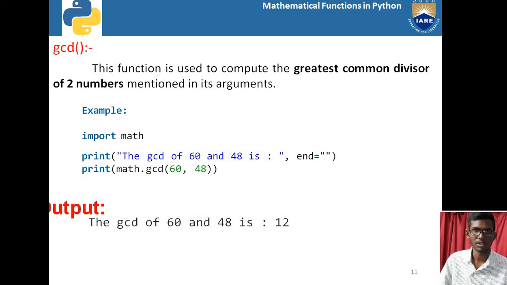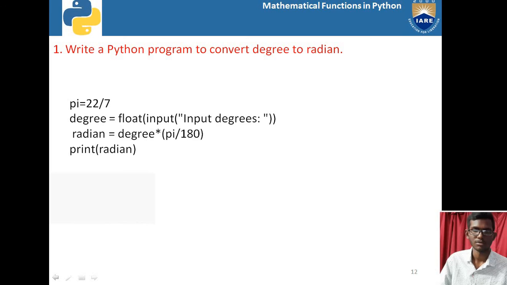GCD is completed. Now we go to another slide. Now we take some examples. Write a Python program to convert degrees to radians. We assign pi equal to 22/7. For degree, we assign a float input.